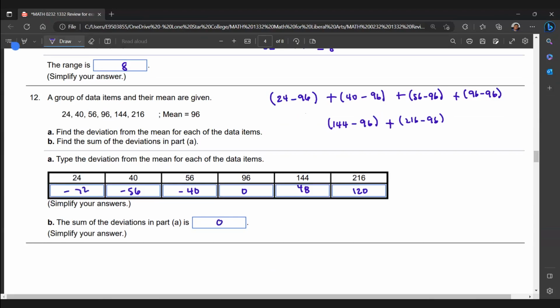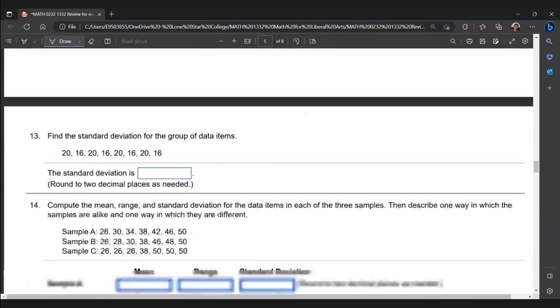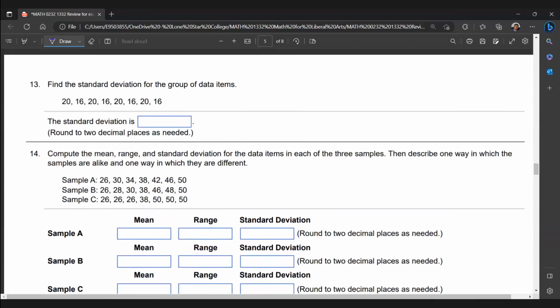So therefore, this answer right here will be equal to 0. Okay, all right. Let's do something similar to that for number 13. To find the standard deviation, we must first find the mean. Once we find the mean, then we need to find a series of numbers that will look like this. It will be the data item minus the mean quantity squared.